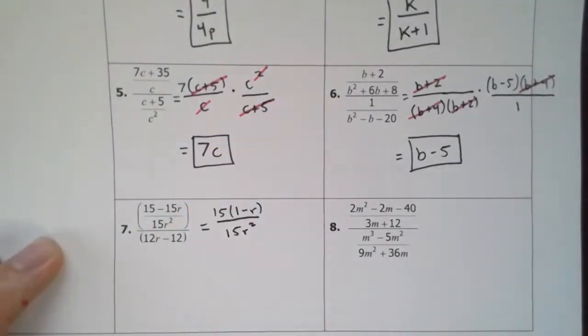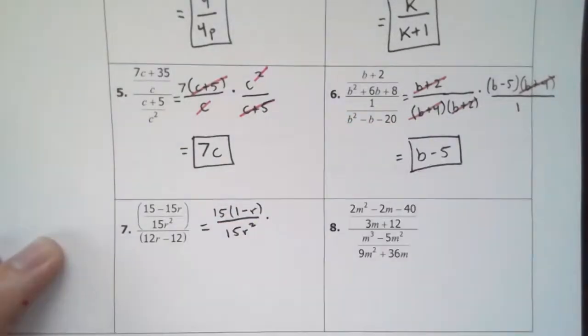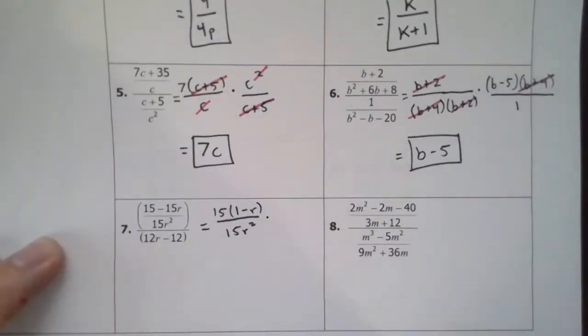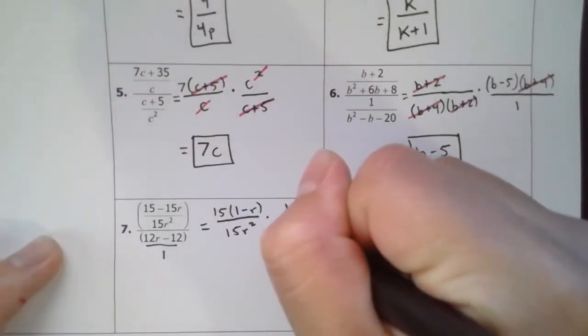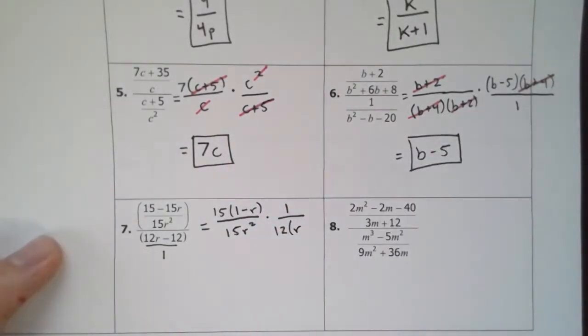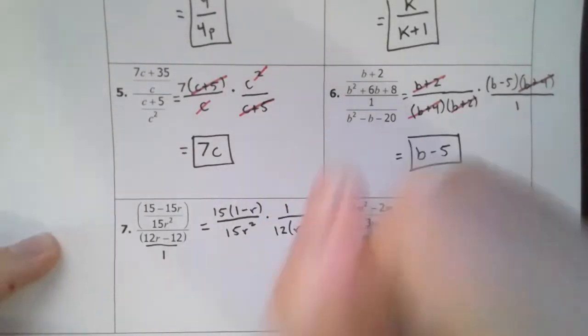There's nothing else I can do there. Times, this is really over 1 in the denominator there. So I get 1 over, and I can factor out a 12, 12 times r minus 1.